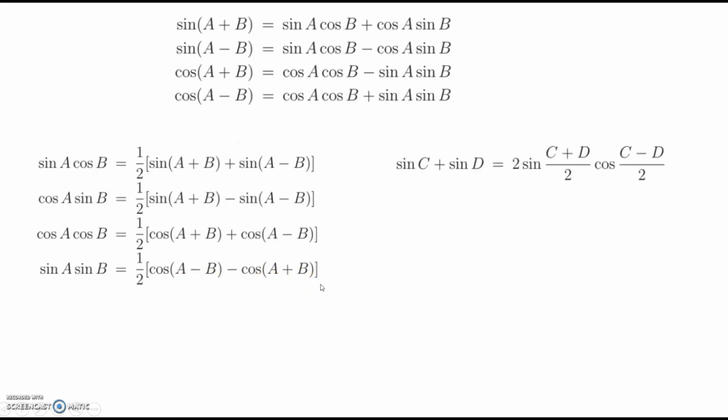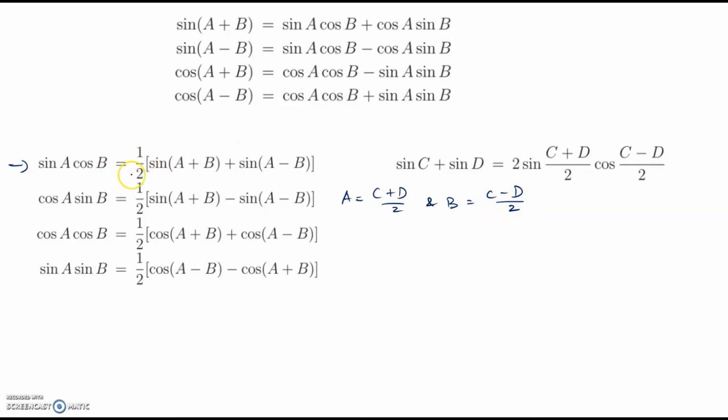Similarly, we can also derive sin C plus sin D is equal to 2 times sin C plus D by 2 cos C minus D by 2. To prove this, let's take the first formula here and put A is equal to C plus D by 2 and B is equal to C minus D by 2.